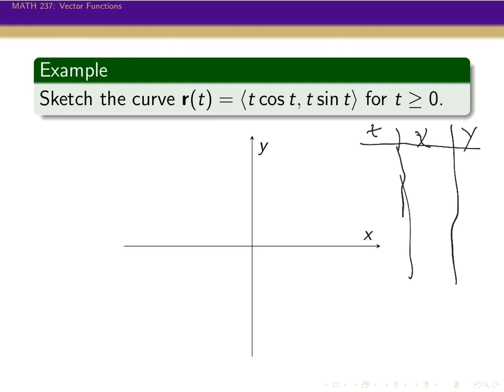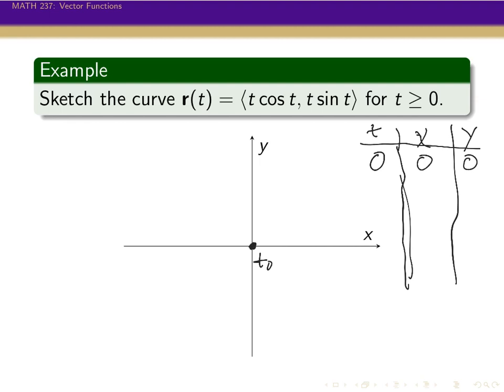So we're starting at t equals 0, so let's start off with 0 there. Well, so then for the x coordinate, it'd be 0 times cosine of 0. Well, 0 times anything is 0, and same thing for the y coordinate. So at t equals 0, I'm starting at the origin. So there we are at t equals 0.